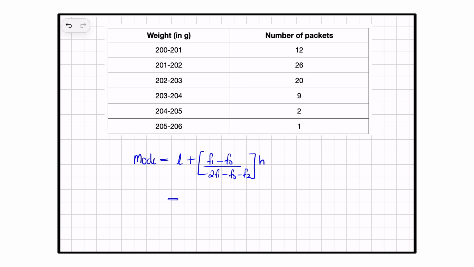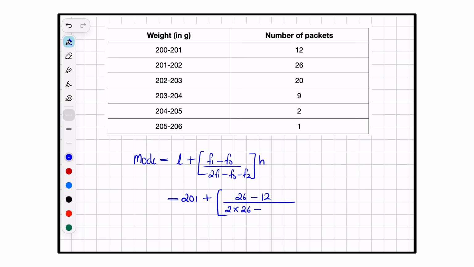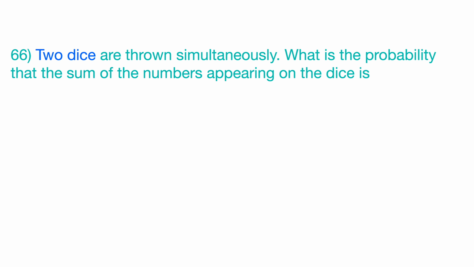And H is the size of the class intervals. So we substitute and we get 201 plus (26 minus 12) divided by (2 into 26 minus 12 minus 20), into 1. Substitute and you will get the answer as 201.7 kg.